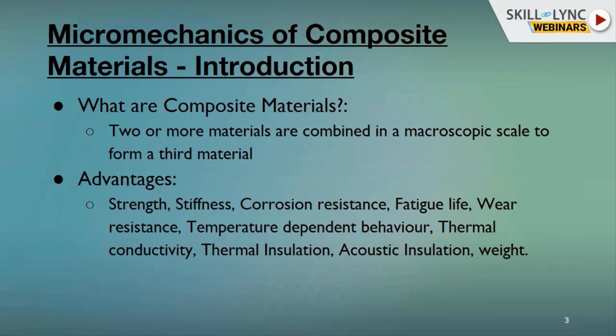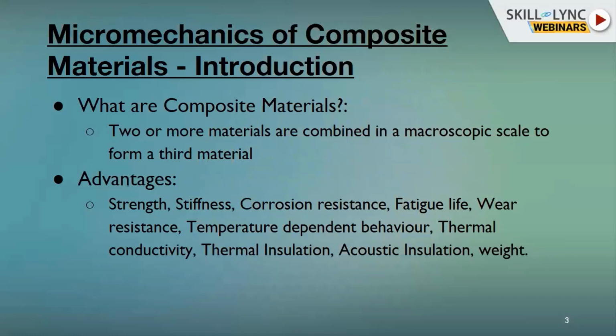You might have come across various materials such as metals and alloys such as steel, aluminium, etc. These are the primary materials, whereas in metals we have something called alloying, where two or three metals are combined to have a homogeneous material called an alloy.